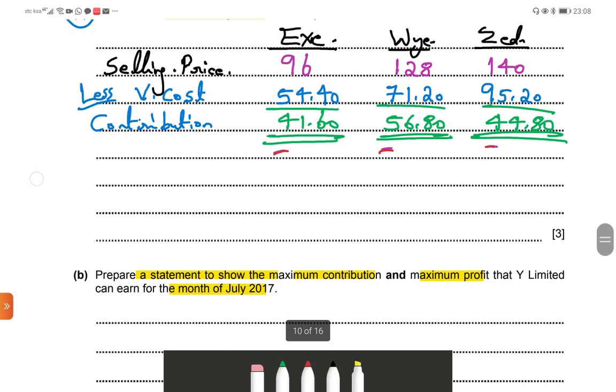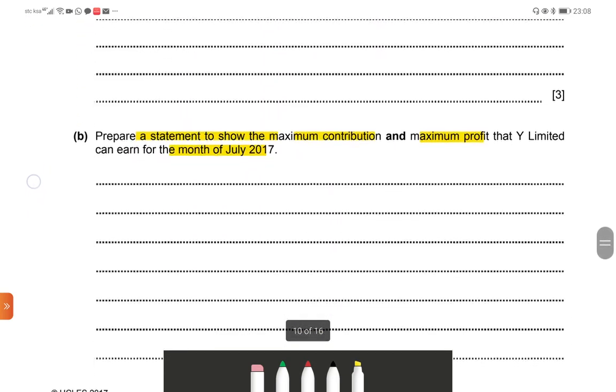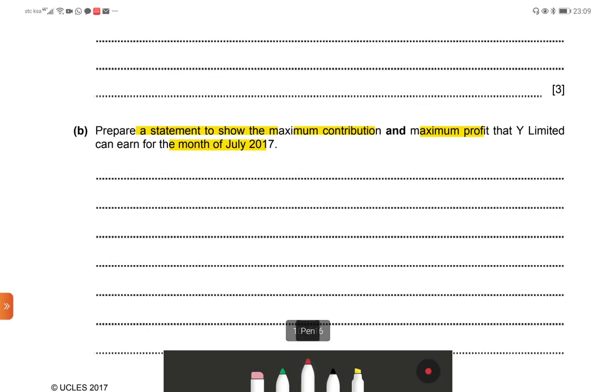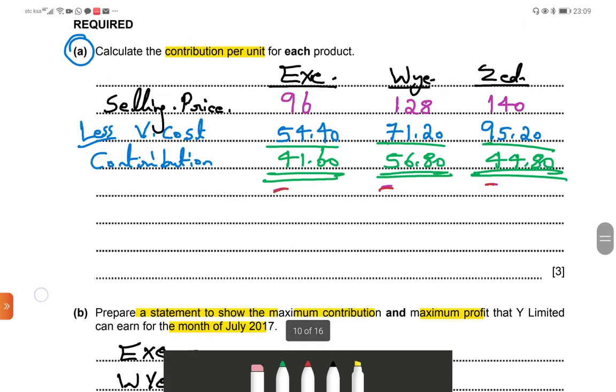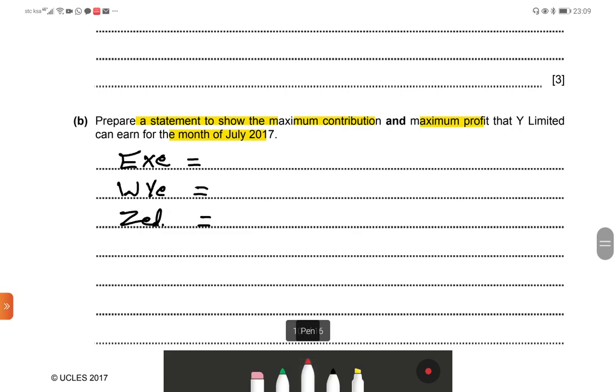So first we have to find each contribution, X, Y, Z. The contribution per unit is 41.60, 56.80, 44.80.